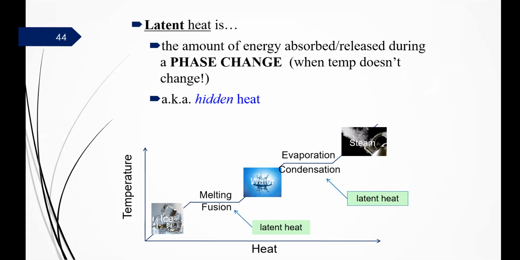The reason it's called latent heat is that it's kind of like a hidden heat, because during that process the energy is not going towards changing the temperature. The energy is going towards breaking up the forces that hold it together as a solid in order to allow it to move as a liquid, or to break up the attractive forces that hold it as a liquid to let it become a gas.